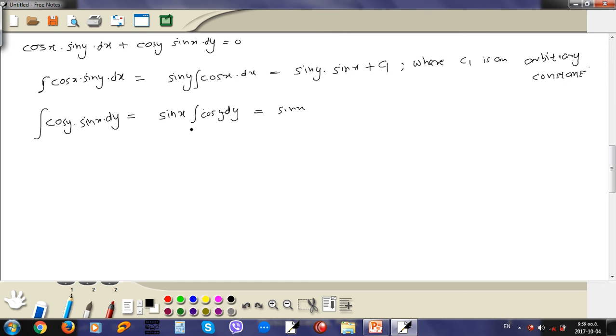If you integrate cos y with respect to y, that comes sin y plus c2, where c2 is an arbitrary constant.